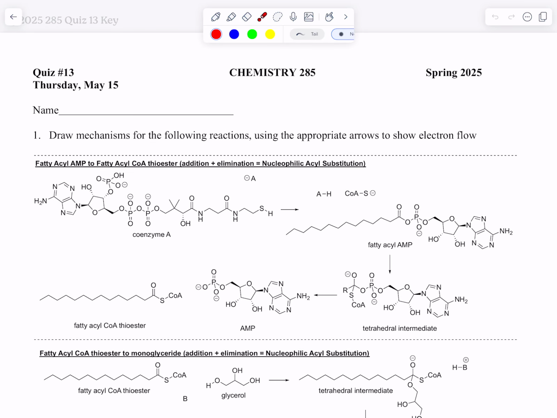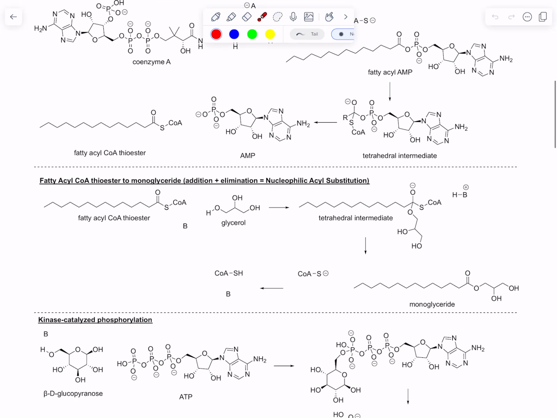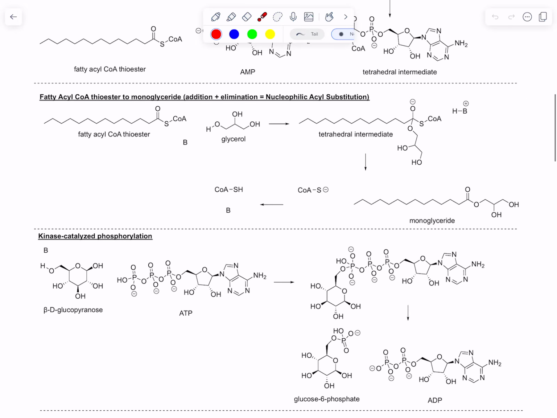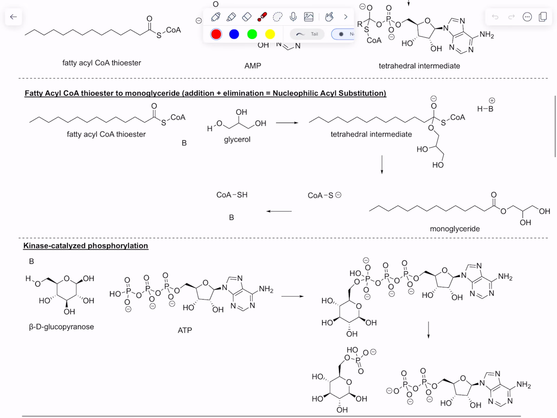I want you to start with the second one, and we'll do that one because it's a little simpler. So do the fatty acyl-CoA thioester to monoglyceride. And take a few minutes, see what's happening here. I want you to identify the key electrophile in the first step and what level it is.